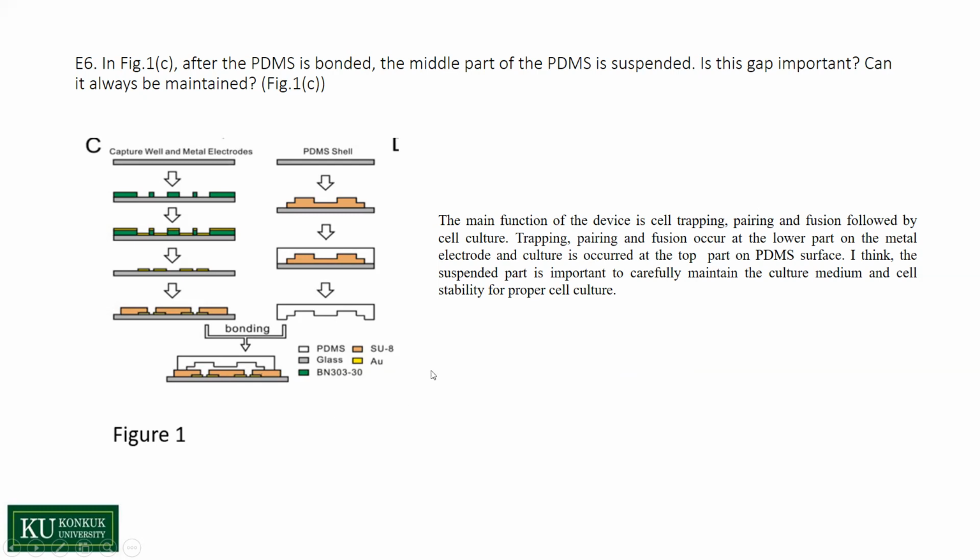So I think the gap between the two portions should be important, because the suspended part is important: the cell culture medium can hold the cells with proper condition, and it can also satisfy the cell condition and cell stability. So the gap is important for proper cell culturing.